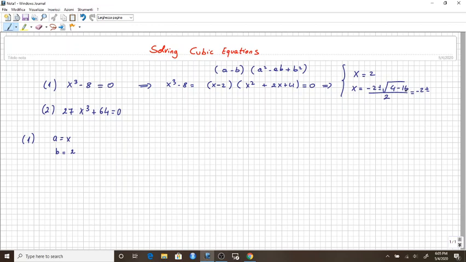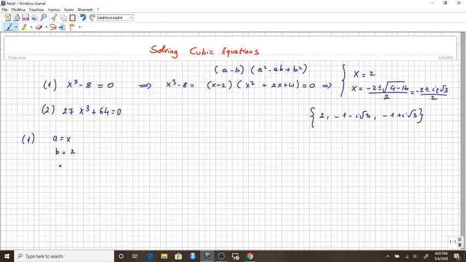The square root of negative 12 simplifies to i times the square root of 4 times 3, which is 2 square root of 3, so i 2 square root of 3 divided by 2. So the solution set for problem number 1 is 2, and then if you divide everything by 2, you get negative 1 minus i square root of 3, and negative 1 plus i square root of 3.